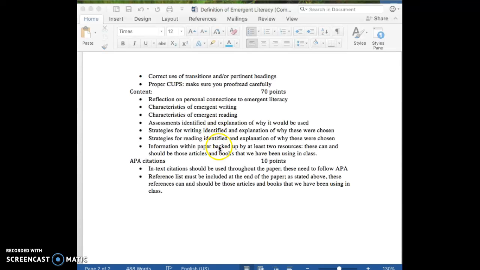And for the last 3 areas here, I will be looking more for, this is what I would use, this is why I would use it, that kind of thing. And then finally, the information within the paper needs to be backed up by at least 2 resources, but these can and should be the articles and books that we've been using in class.